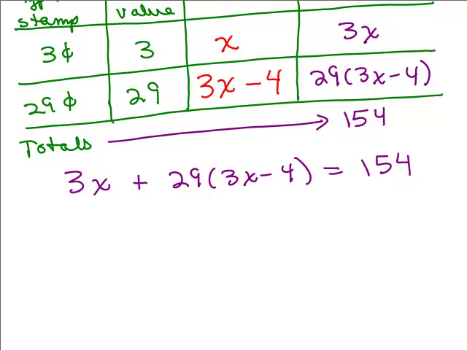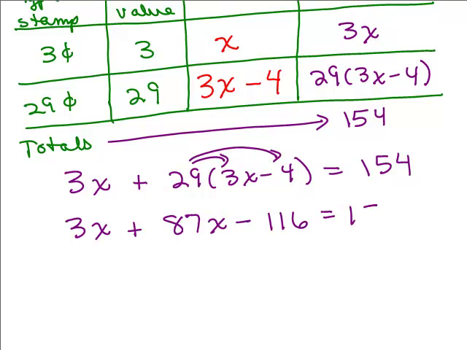All right, so let's go for it. On the left-hand side, we need to do the distributive property: 29 times 3X and 29 times 4. So 29 times 3, I think that's 87X. And 29 times 4, that's 116, equals 154.